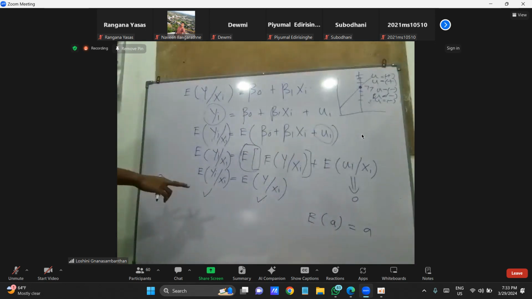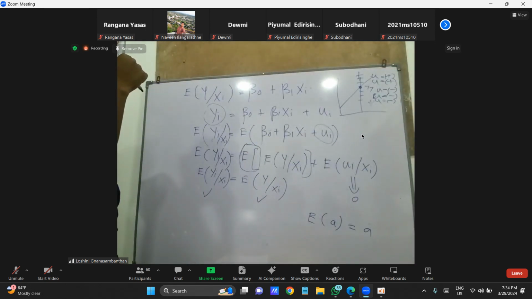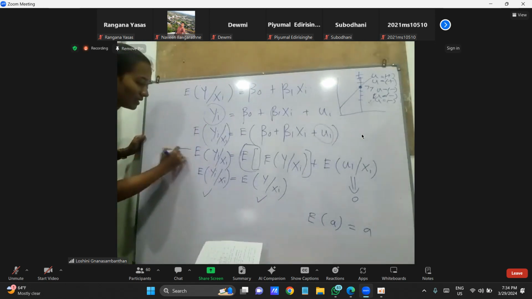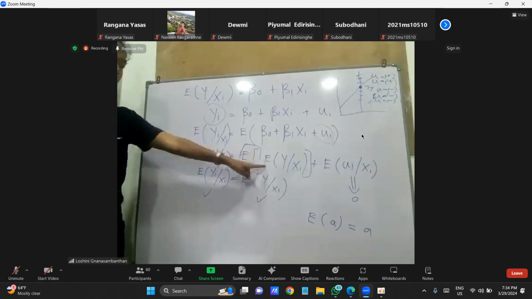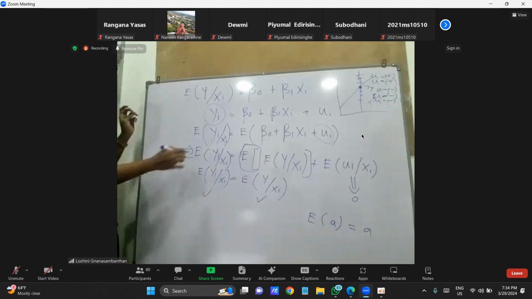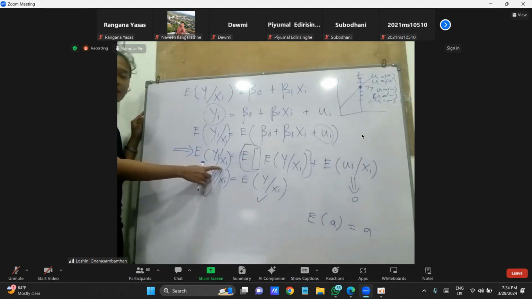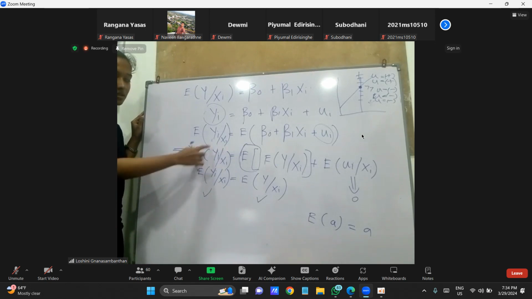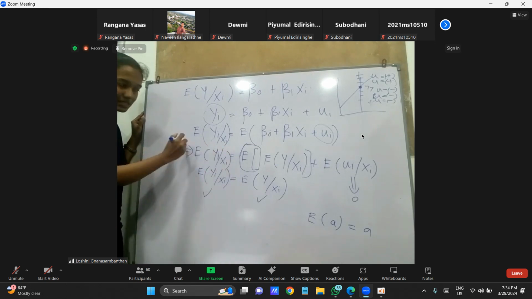So this actually tells you another thing also. Keeping this form, you can tell that the expectation of yi given xi is what? This will be this thing.